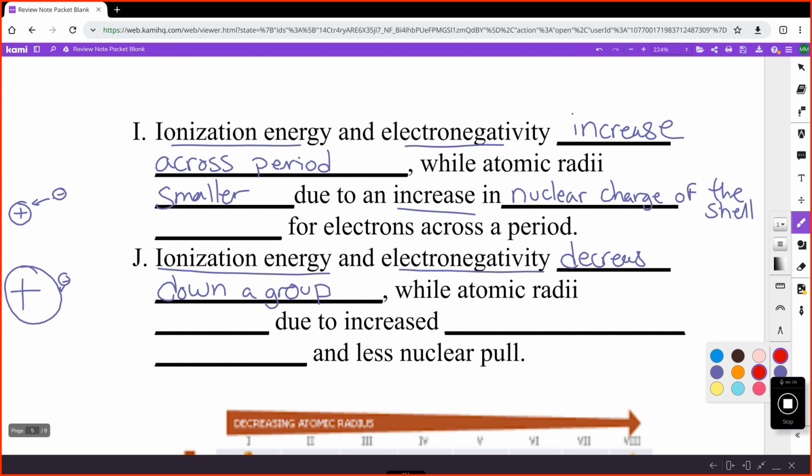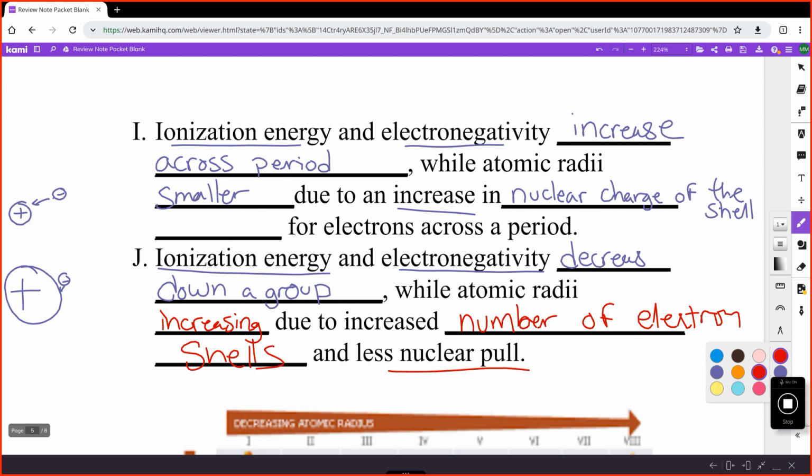The atomic radius this time does the opposite, as it is increasing. This reason is much more easy for us to understand, and it just comes down to an increased number of electron shells. And therefore, the nucleus has less pull.